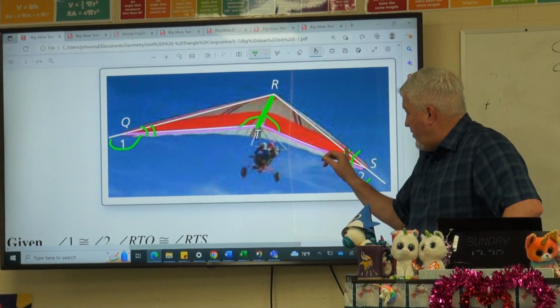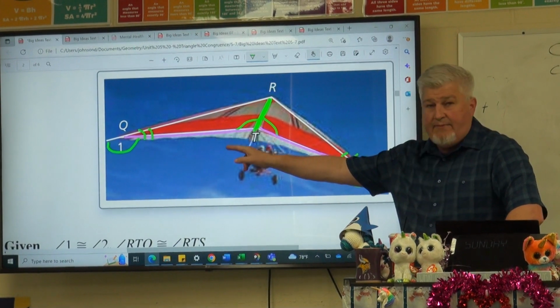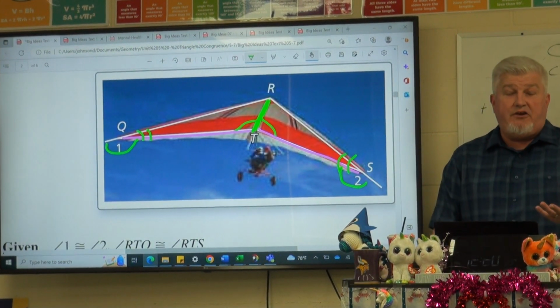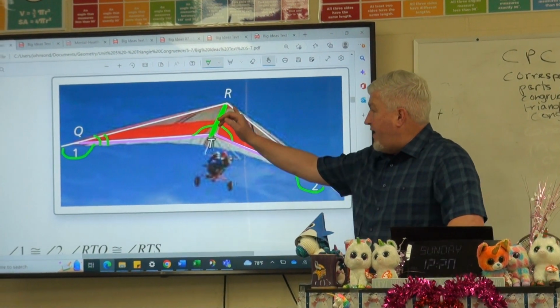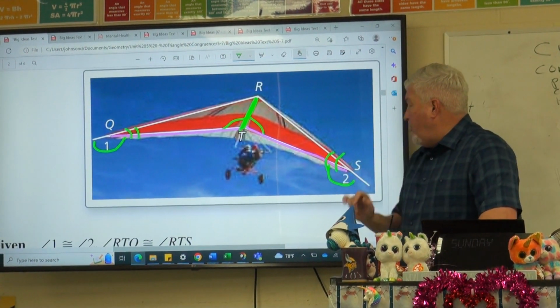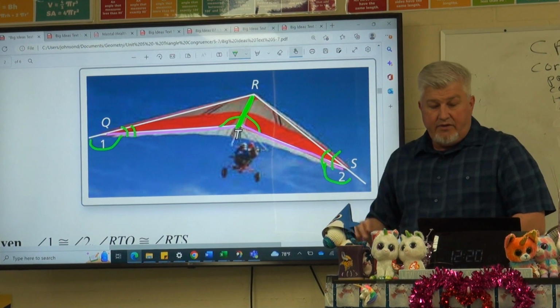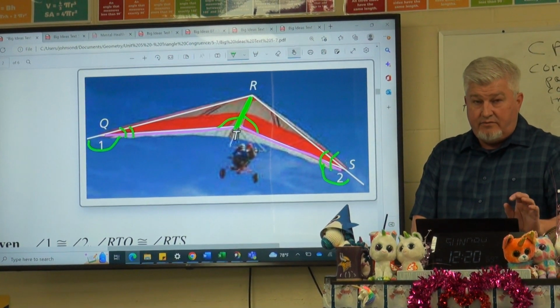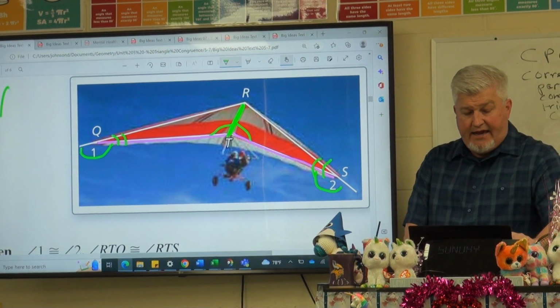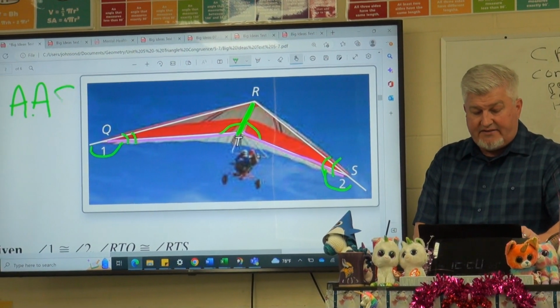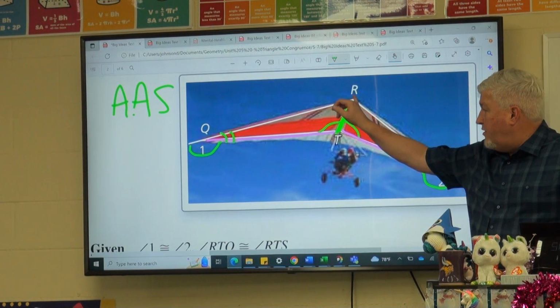Because whatever adds up to 180 here will be the same thing that adds up to there by the rules of linear pairs. So now what I've proven, I've got a side that's congruent, an angle, and an angle. So it is congruent by what theorem? AAS, right? Angle, angle, side.